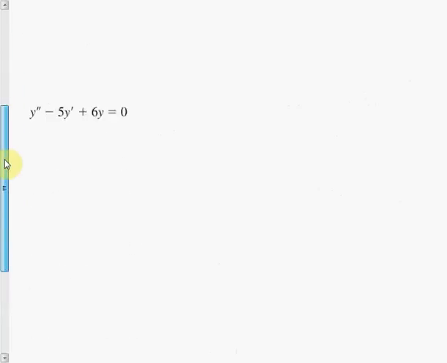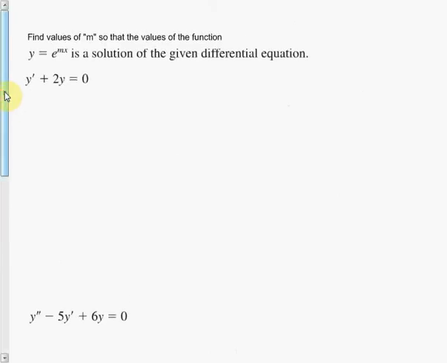Based on how these differential equations are written, their solution has a certain form, y equal to e to the mx. Now, you can't see it, but I pointed it out, and when we get to those problems later on, I think in chapter 4, we'll go into detail with it.